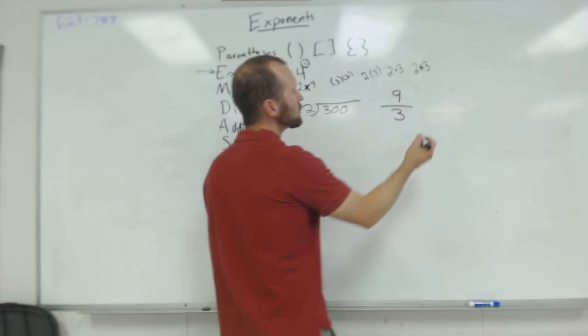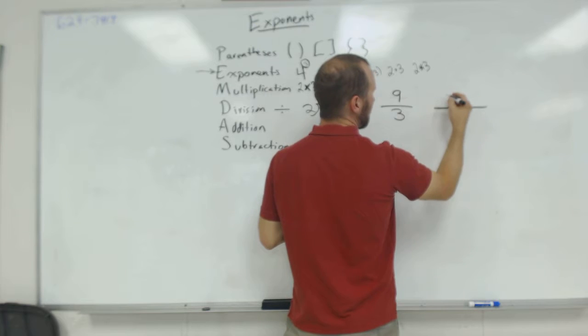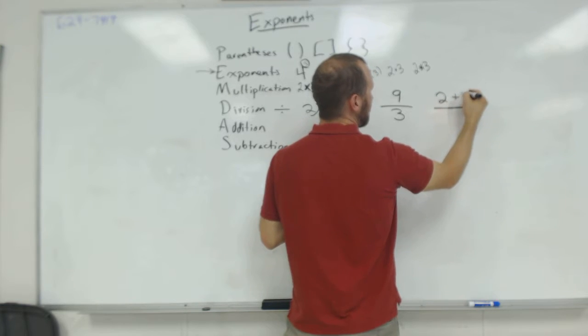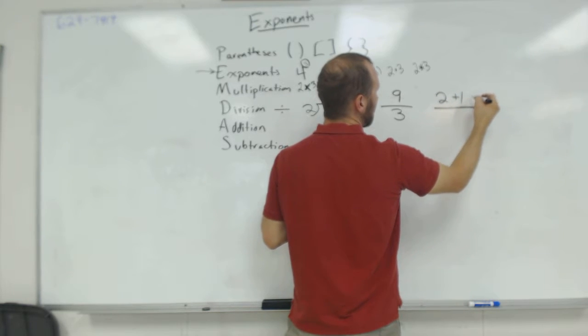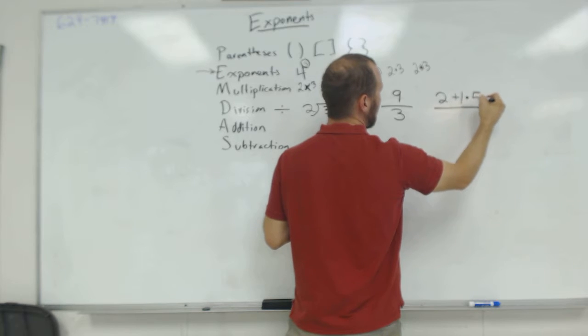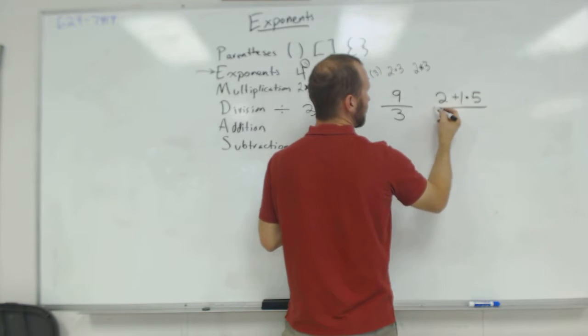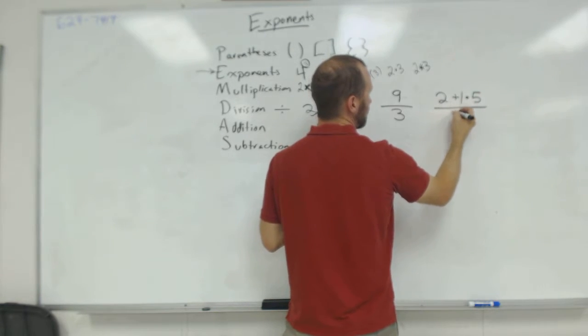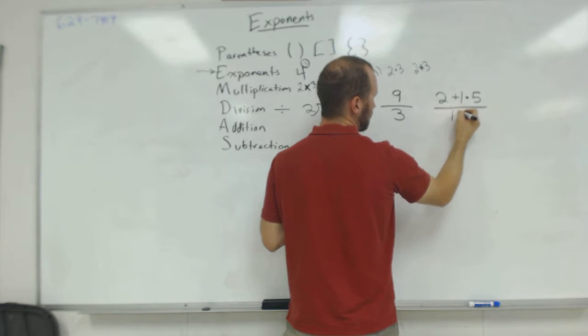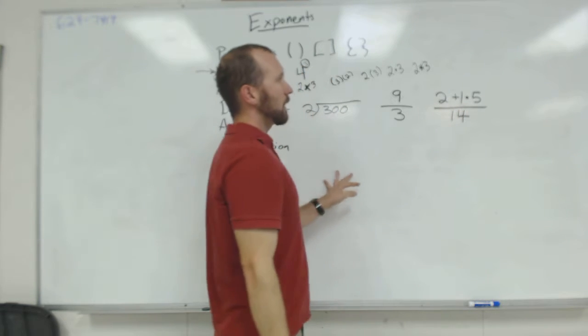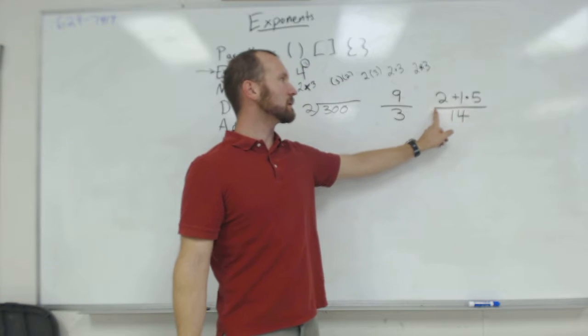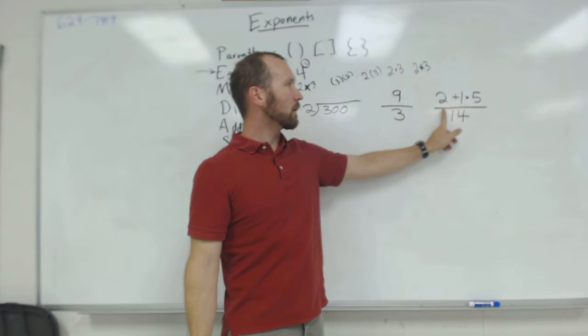You could even have a bunch of things in the fraction, something like 2 plus 1 times 5 over 14. And this little symbol still means divide in the end.